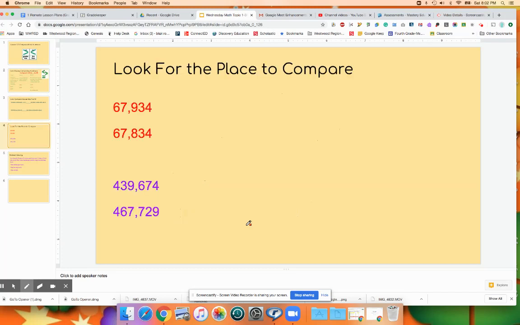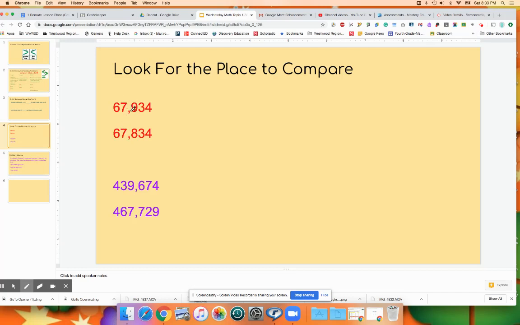Here we go. Okay, so they're also going to ask you today to think about what place you're making that decision to round, right? So again, I line up the numbers like this vertically. It's just easier for me to see. So I see they both have a 6 in the 10,000s place. They both have a 7 in the thousands place.